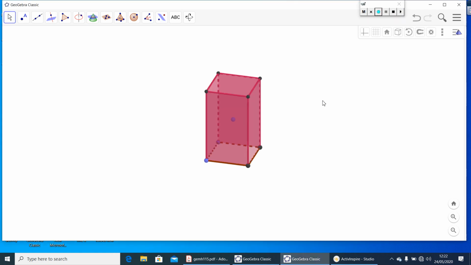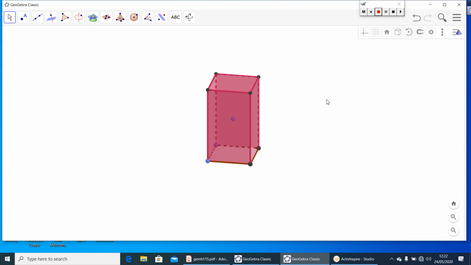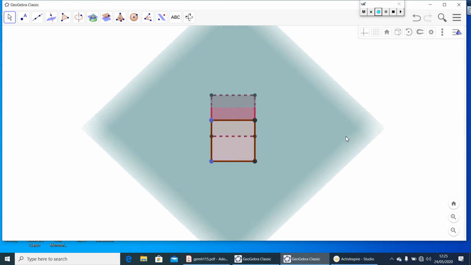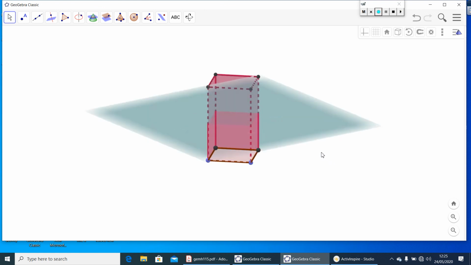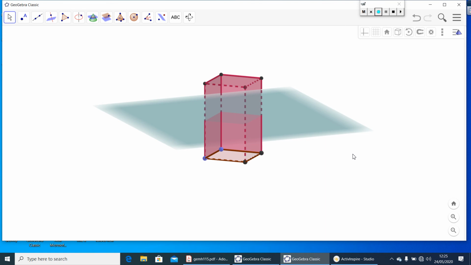Here you have a cuboid. Now let me cut it horizontally. When I cut horizontally, you will get 2 pieces. Now what will be the face of each piece?